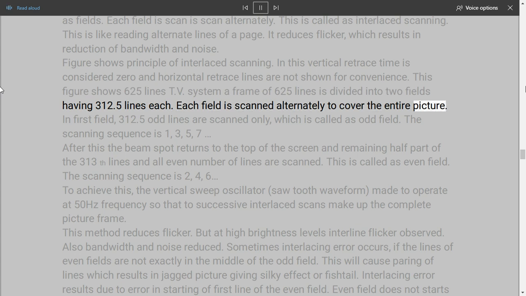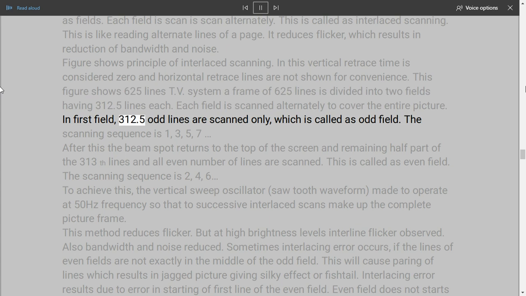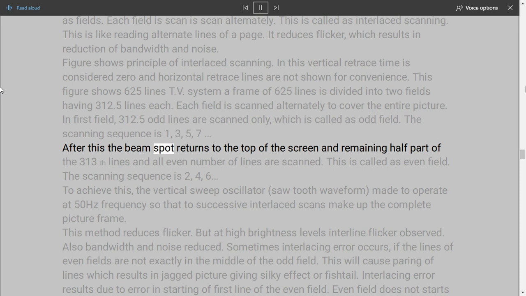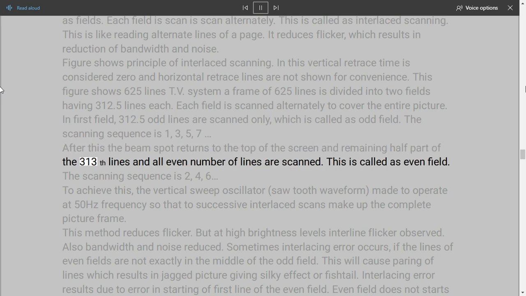In the first field, 312.5 odd lines are scanned only, which is called the odd field. The scanning sequence is 1, 3, 5, 7. After this the beam spot returns to the top of the screen, and the remaining half part of the 313th line and all even numbered lines are scanned. This is called the even field. The scanning sequence is 2, 4, 6.